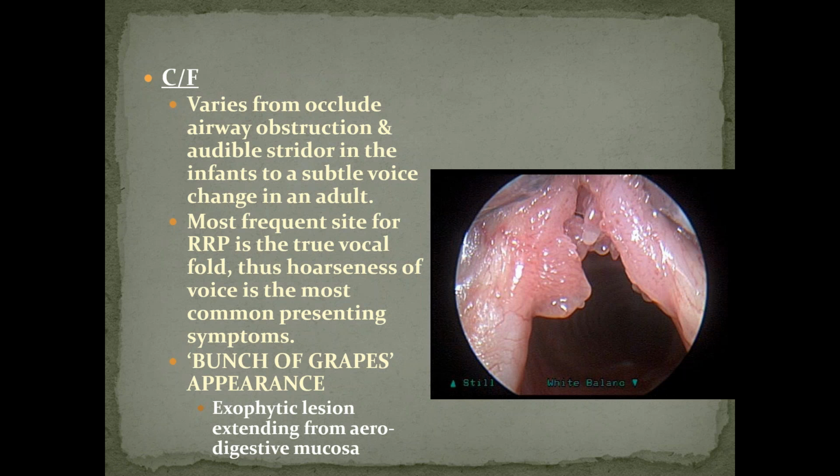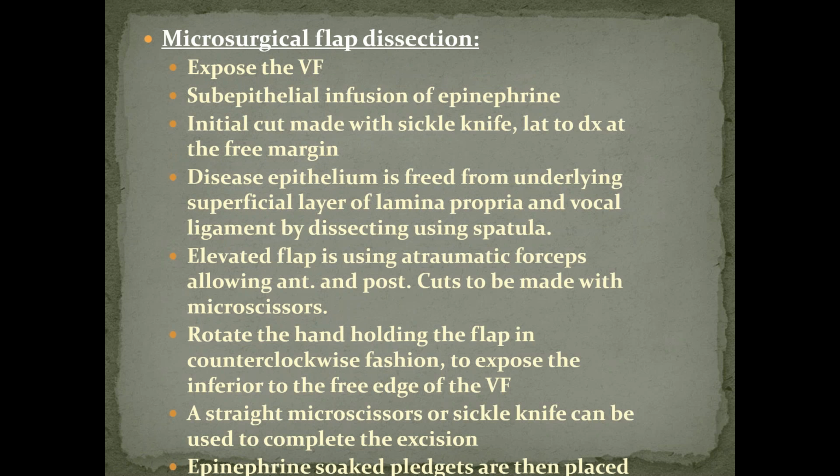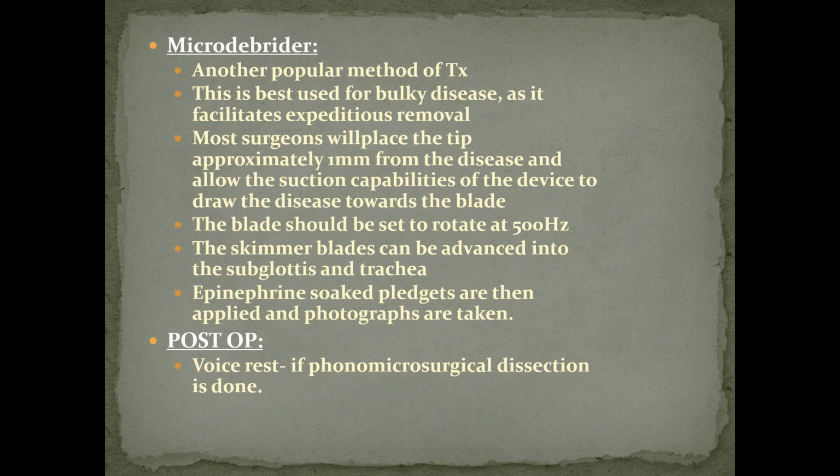It is an exophytic lesion extending into the aerodigestive mucosa. Treatment options are cold instruments, or CO2 laser, or microdebrider, laser and microsurgical flap dissection. The microdebrider is nothing but a powered instrument.